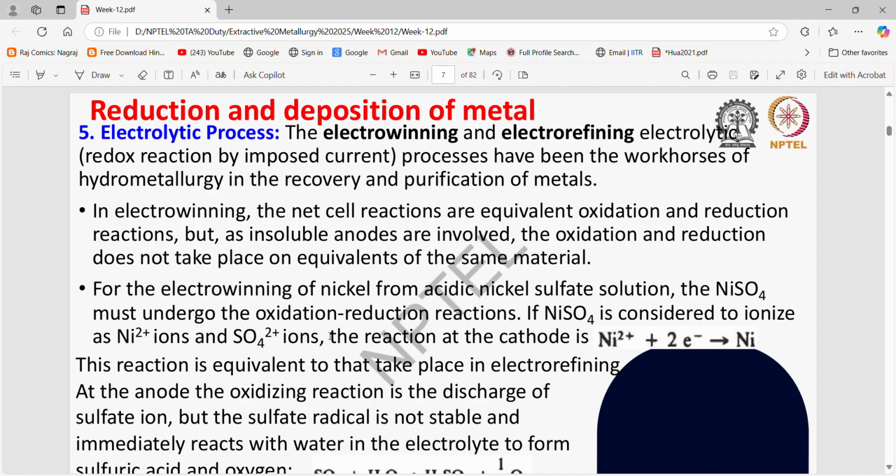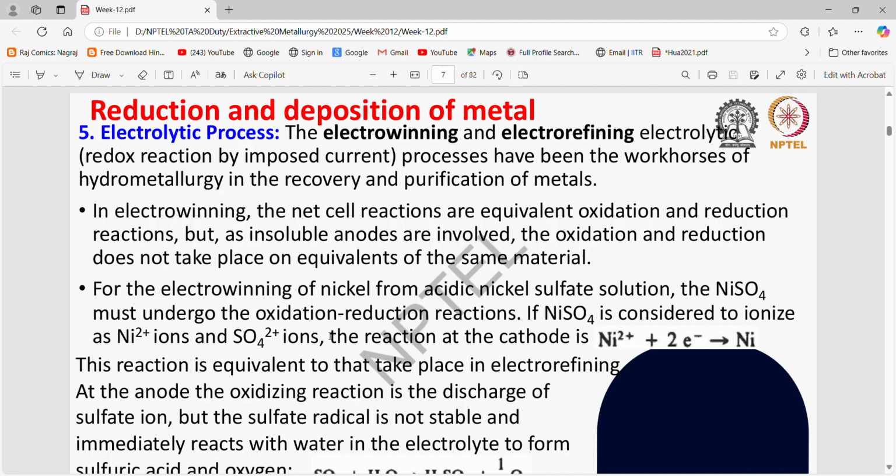For example, if we go with the cathode as an impure material, the pure metal will first get dissolved inside the solution, whatever electrolyte solution we are using for that particular reaction, and then from the solution it will get deposited on the anode material in its purest form.